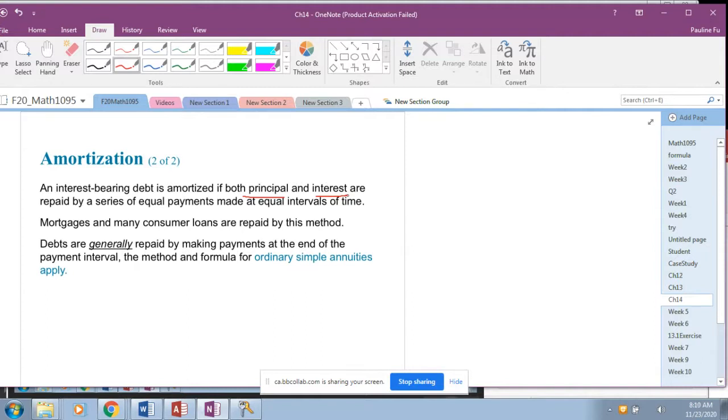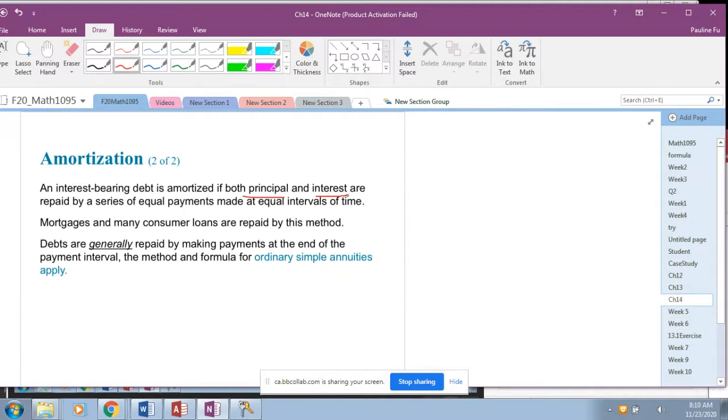Although every month you make 1,000 payment, each month how much paid to principal, how much paid to interest are different. So for example, the first month when you make 1,000 payment, maybe 700 goes to principal, 300 goes to interest. The next month, you make the same 1,000 payment. This time, maybe $720 goes to principal, $280 goes to interest.